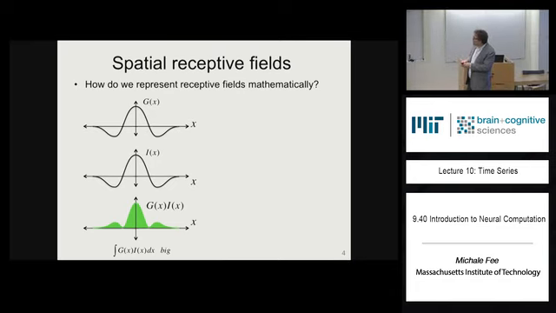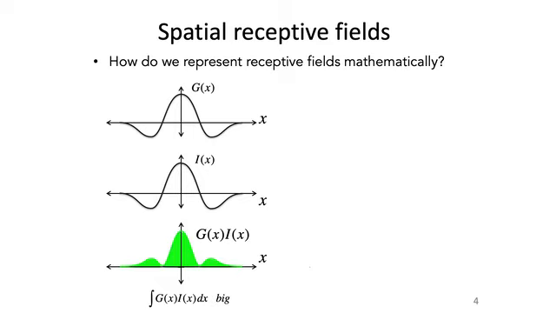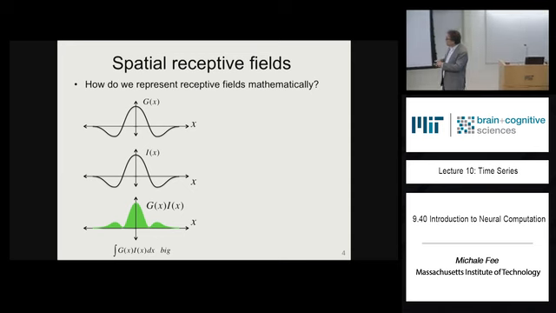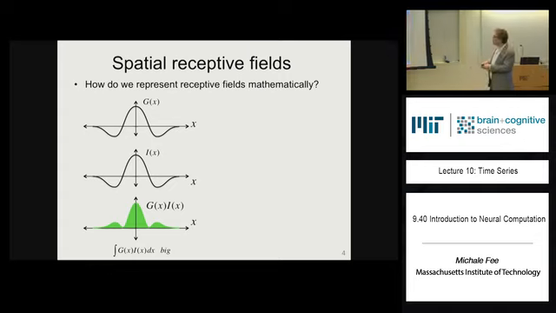So if the light pattern has a bright spot surrounded by dark flanking regions, then when we calculate this integral, what you find is that the positive parts of the receptive field times the positive intensity or brightness multiply to give you a positive contribution to the neuronal response.